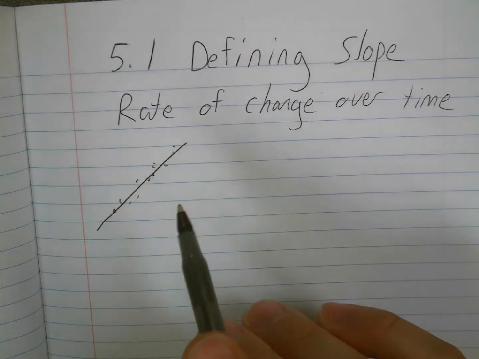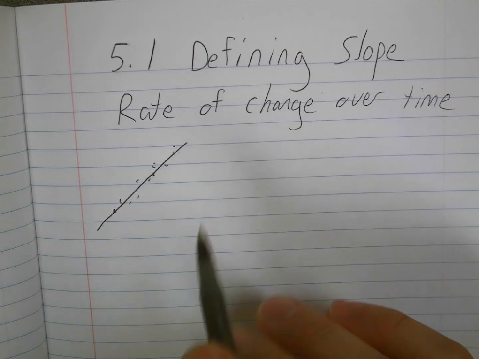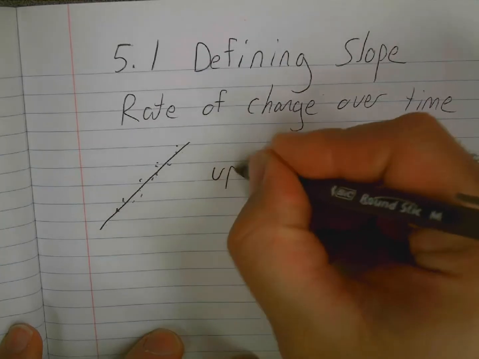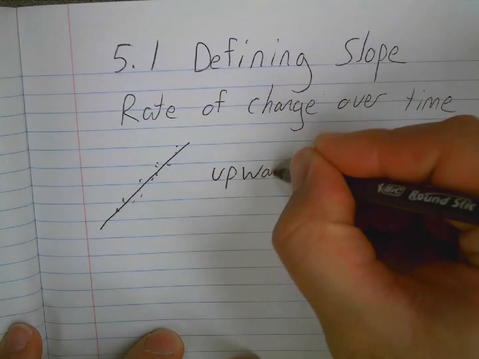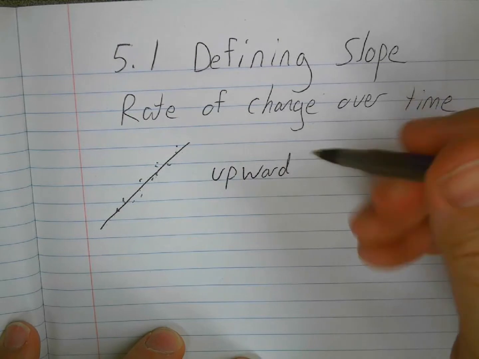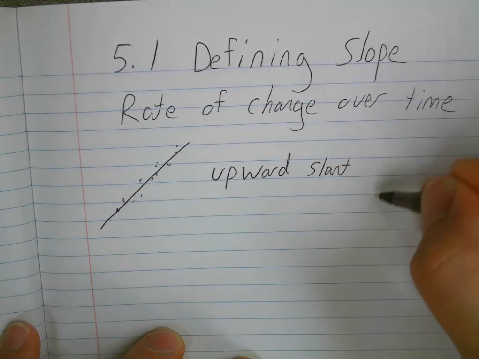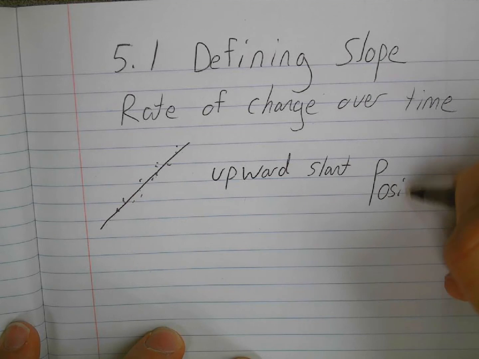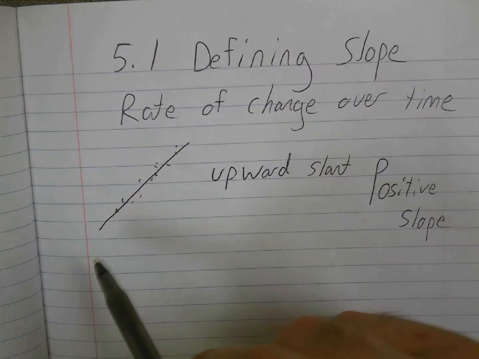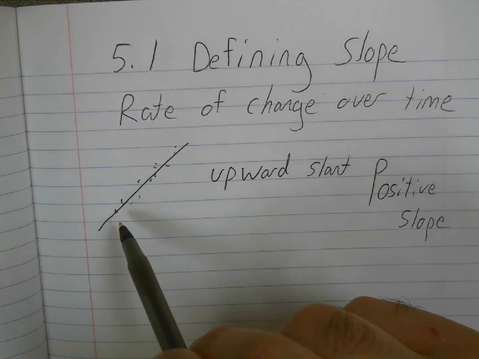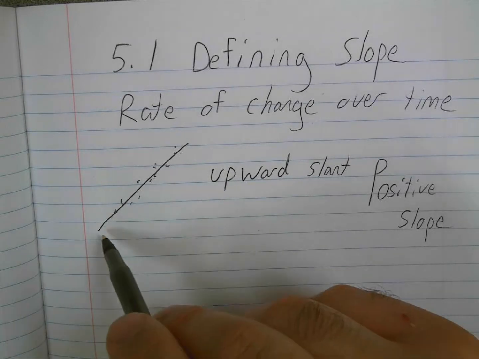So whenever you have a rate of change that has an upward slant, all right, we're looking at a positive rate of change. So this upward slant is going to be a positive slope. So how does that line change over time? And time generally is going to the right.